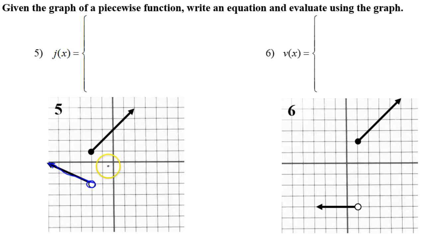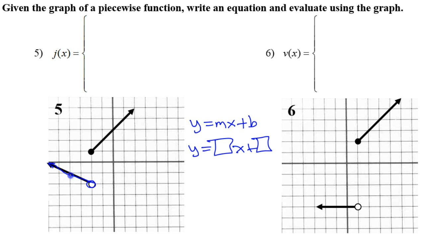So these are lines. When we're dealing with linear equations, I'm thinking y equals mx plus b. So really, all we need is a slope and the y-intercept, and then we've got an equation for the line.